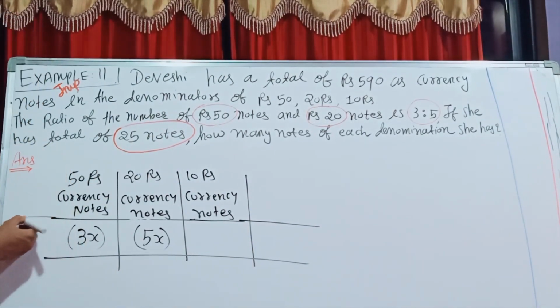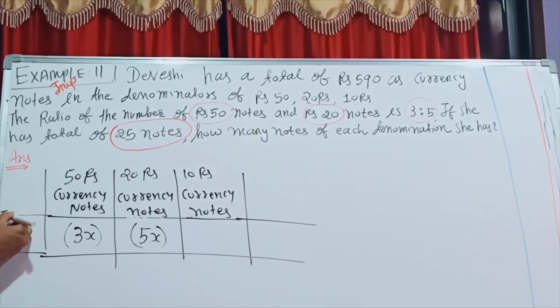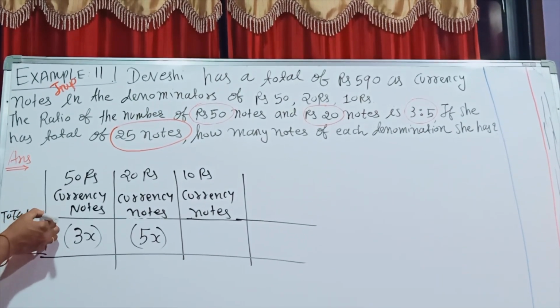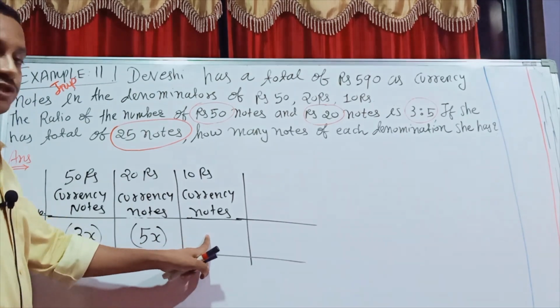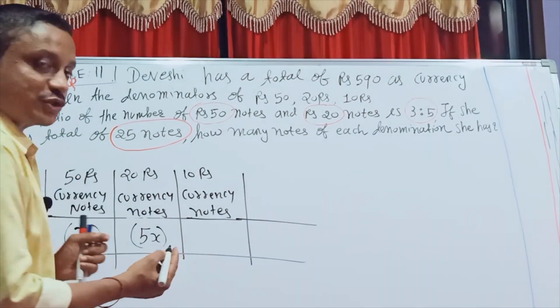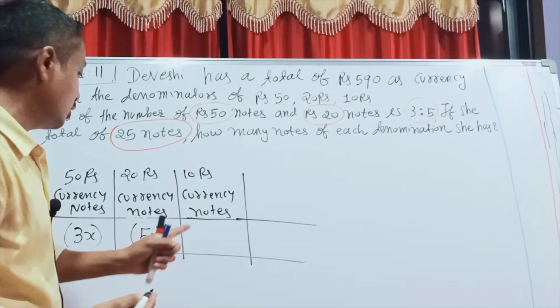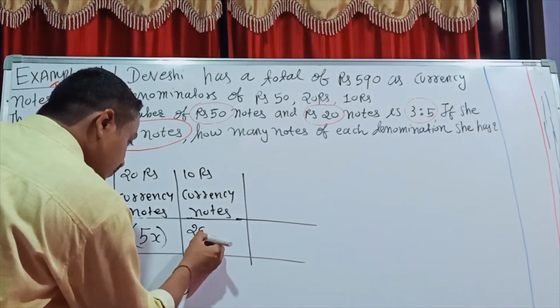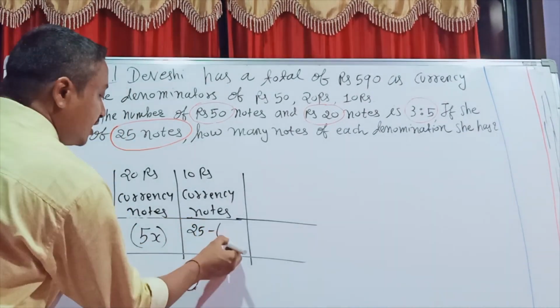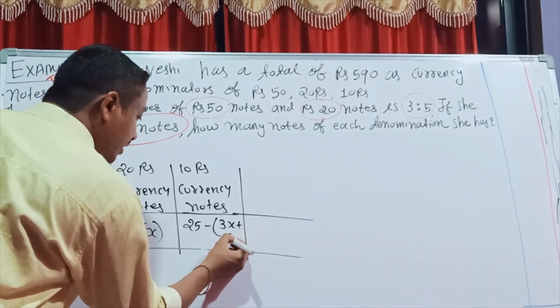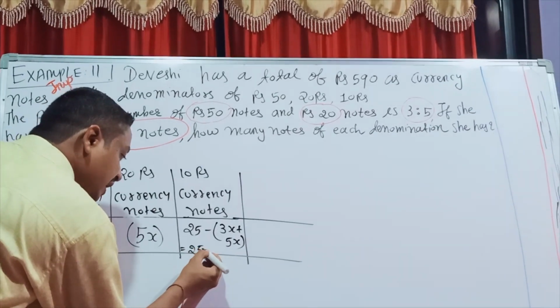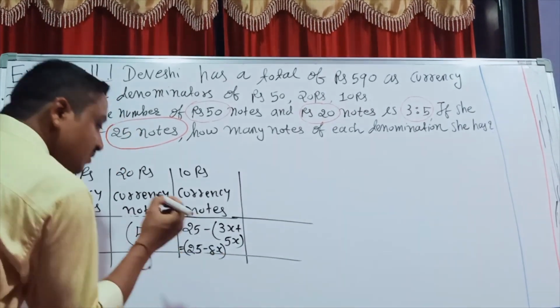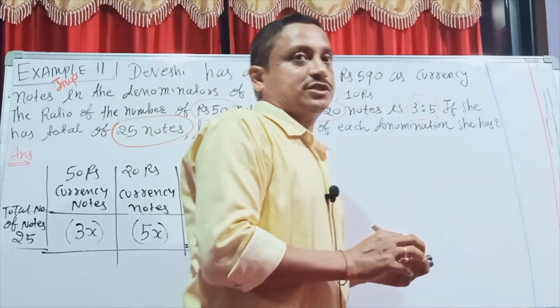So here I show the table, total number of currency notes is 25. So how many 10 rupees notes? It is 25 minus the sum 3x plus 5x. So it is 25 minus 8x currency notes for 10 rupees.